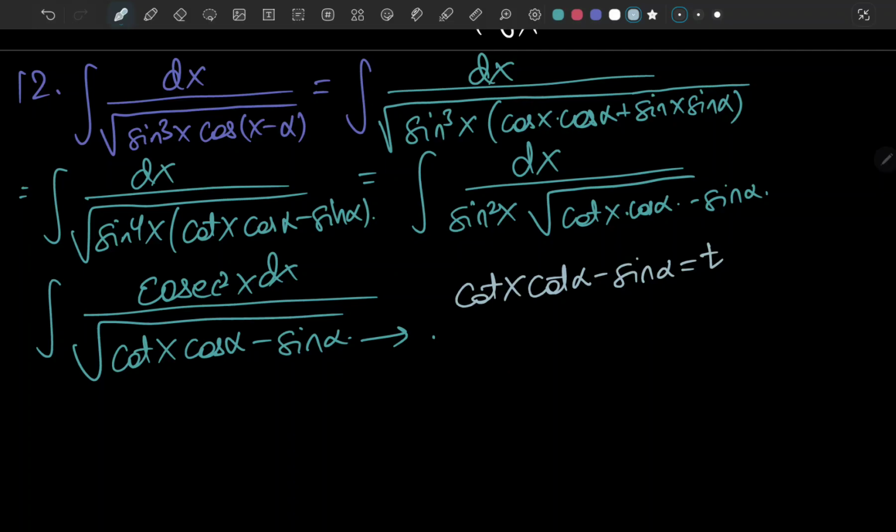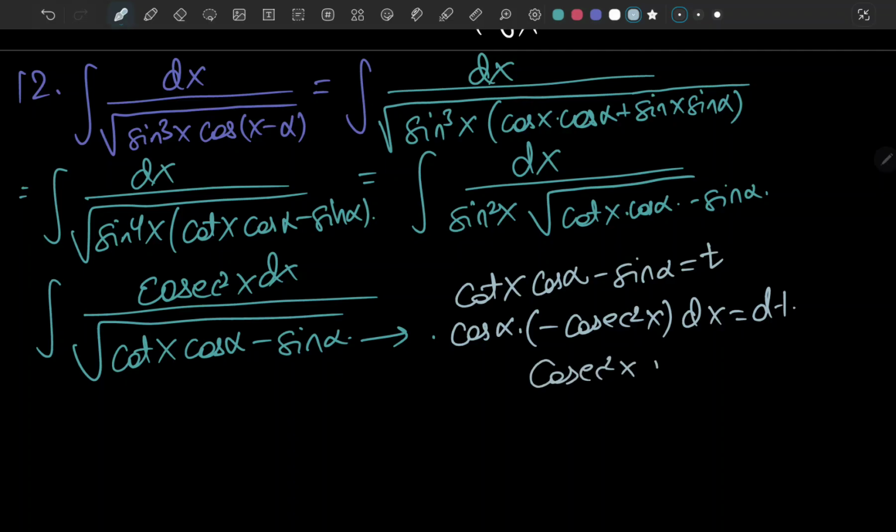As sine of alpha and cosine of alpha are constants, the derivative of this thing comes out to be cosine of alpha outside and negative cosecant squared of x dx becomes dt, right? So cosecant squared of x dx becomes negative dt over cosine of alpha.